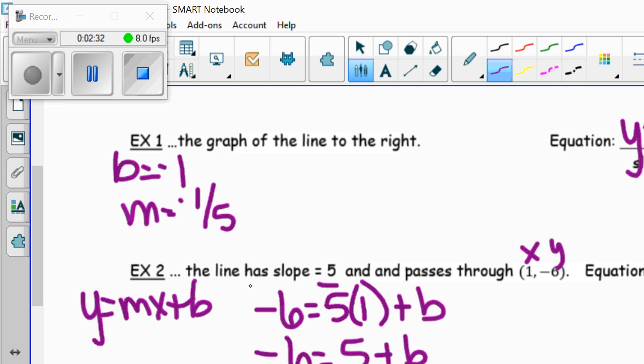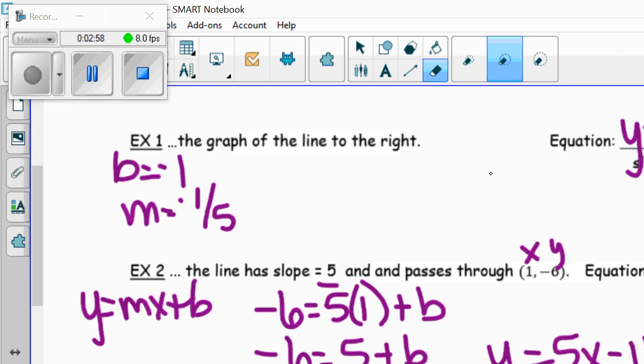Notice over here that it asked for it to be in standard form. So first I'm just going to write it in slope-intercept form. So y = 5x - 11. So now to put that in standard form, I need to trade places with the y and the 11. So I would have 5x plus y equals, sorry, not plus y because we have to move our y over, so it's going to be minus y.